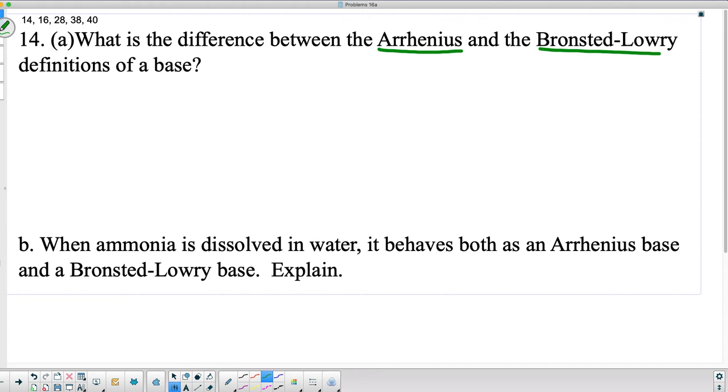So the first one's super easy, right? He's the pirate acid-base guy. He says that if you increase the H plus, it's an Arrhenius acid. If you increase the concentration of OH minus, it's an Arrhenius base.